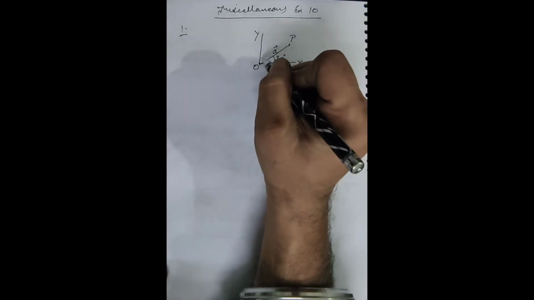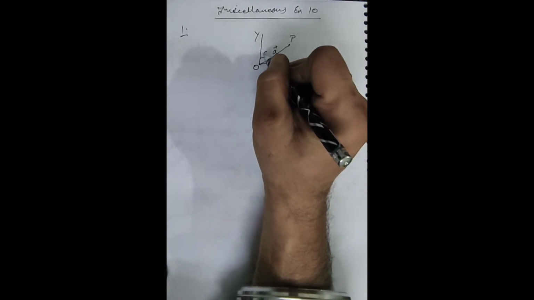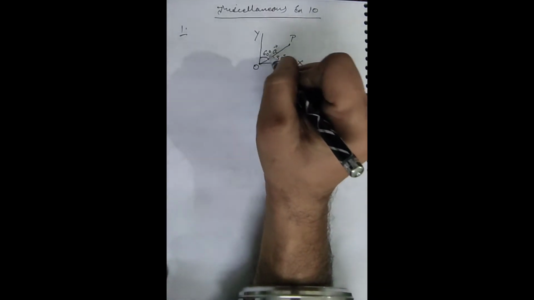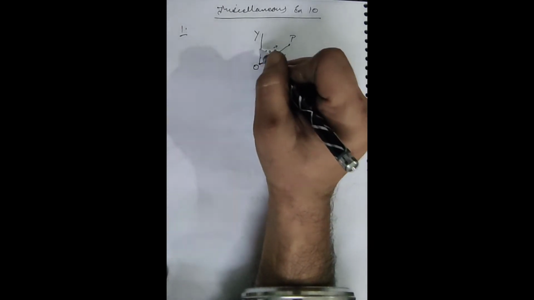Since this is 30 degree, the angle with y it makes is 60 degree. As it lies in the xy plane, this complete angle must be 90 degree. That's why 60 degree with y and 30 with the positive x-axis. We need to find its components along the axes. So draw the perpendicular from P to the x-axis, namely PM.